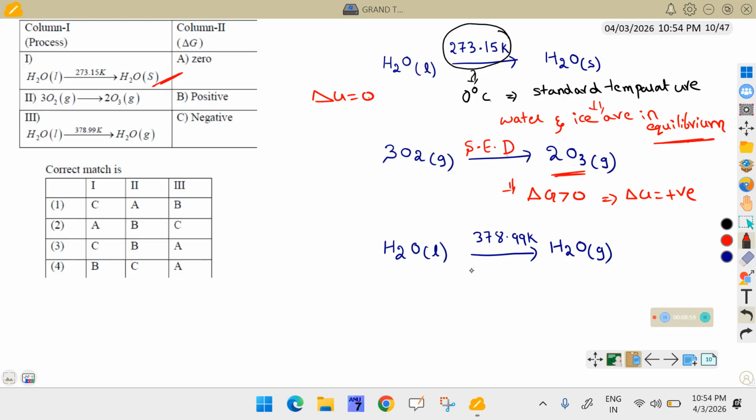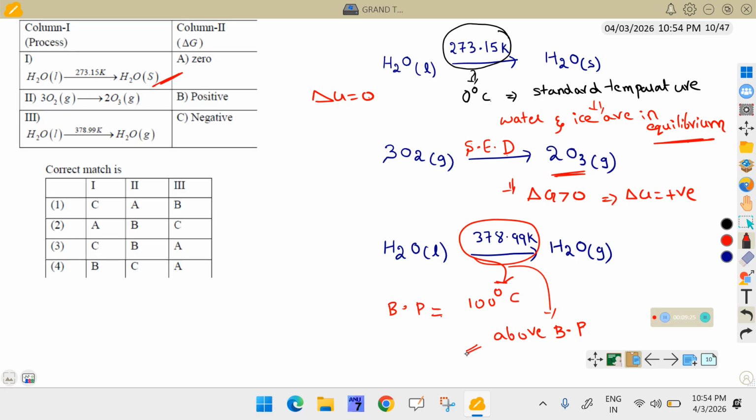H2O liquid converted to H2O gas, 373.15 K. That means the temperature is 100 degrees Celsius. Boiling point of water is equal to 100 degrees Celsius. So the given temperature is above boiling point.